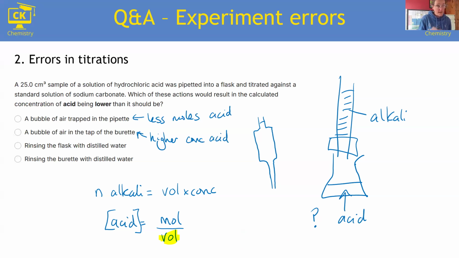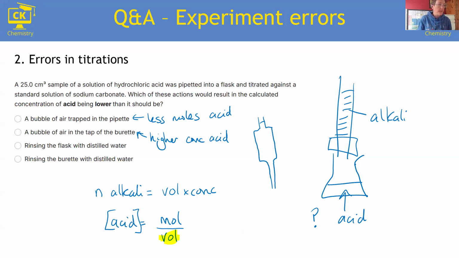Basically, if some of what's coming out is air, instead of needing, say, 25 of alkali, maybe it looks like I needed 27. So the volume that I put into that calculation means my moles of alkali gets bigger than it really is because some of it was actually air. And therefore it makes it look like the acid was more concentrated.